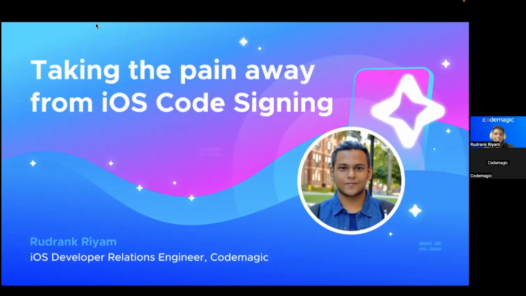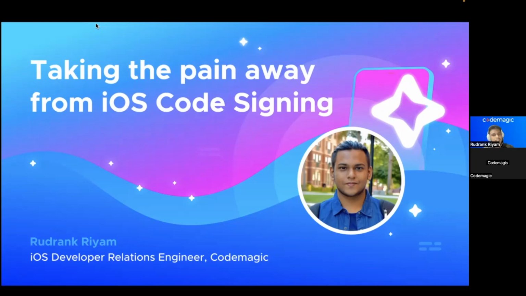So code signing is a crucial step in iOS development, and it is a must-learn skill as an iOS developer. It ensures that your app is securely signed with you or your team's unique developer account and can be safely installed on a user's device. And as you all know, Codemagic is a CI/CD platform that is specifically designed for mobile app development.